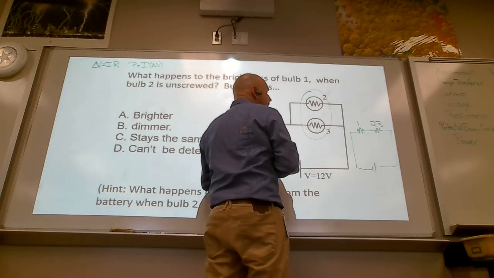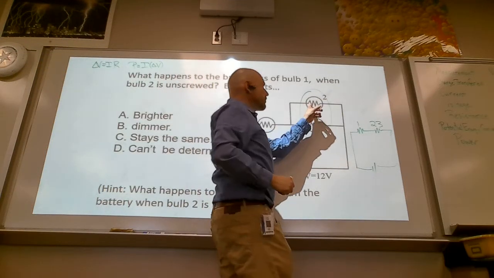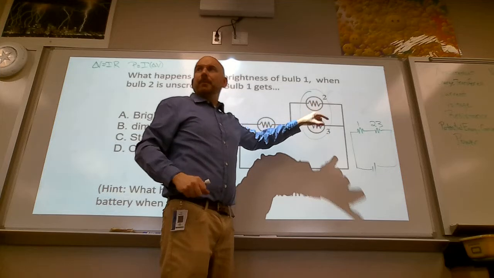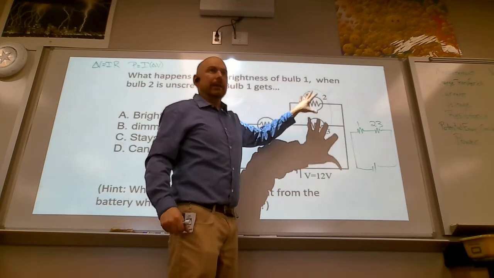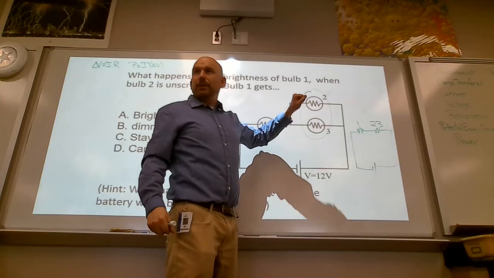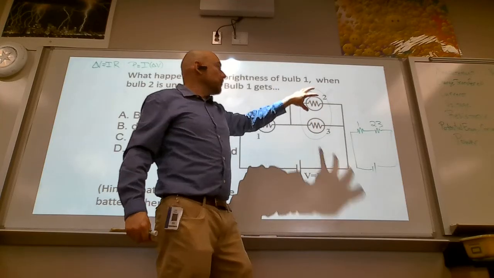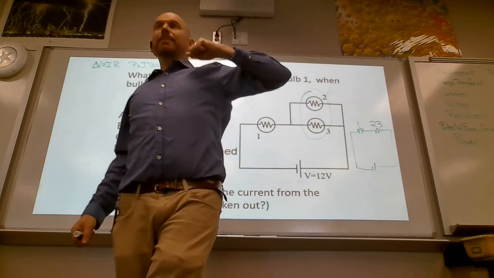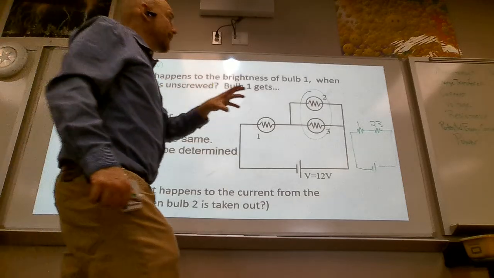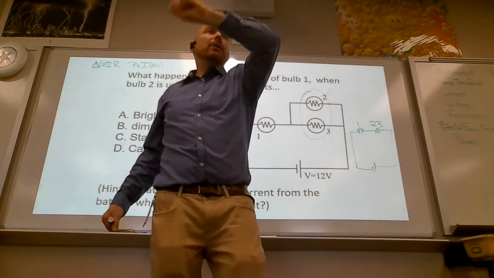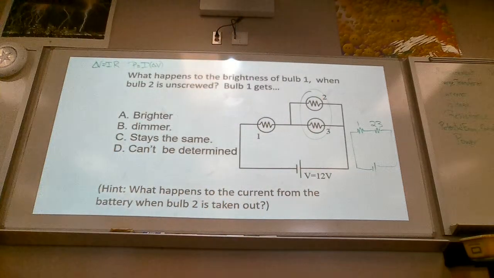If I pulled 2 out, what's going to happen to the resistance of this green 2, 3? I pulled out light bulb 2, which is wired in parallel. If I take away a resistor in parallel, what happens to the total resistance?